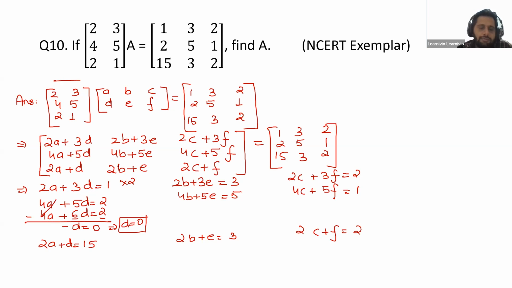Okay. Now similarly, please try to find all the other values. Please complete this. Once you find all the values, then please put all these values in the equations so that we can check whether they satisfy the equations or not. Okay, sir.